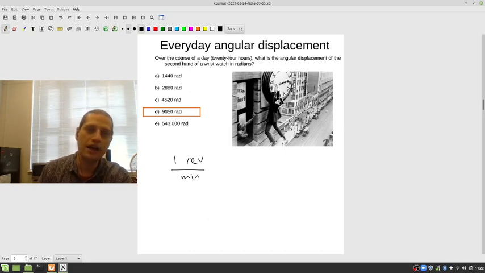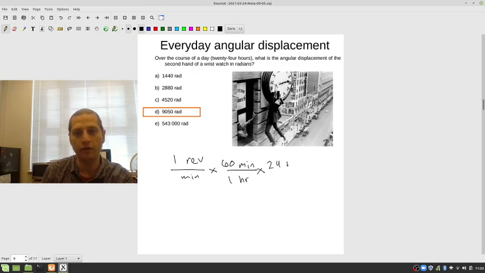Now, it's asking me, over the course of a day, what is the radians per day? So if I want to go from revolutions to, let's go from minutes to days first. 1 revolution per minute. I'm going to have 60 minutes per hour. I'm going to have 24 hours per 1 day.